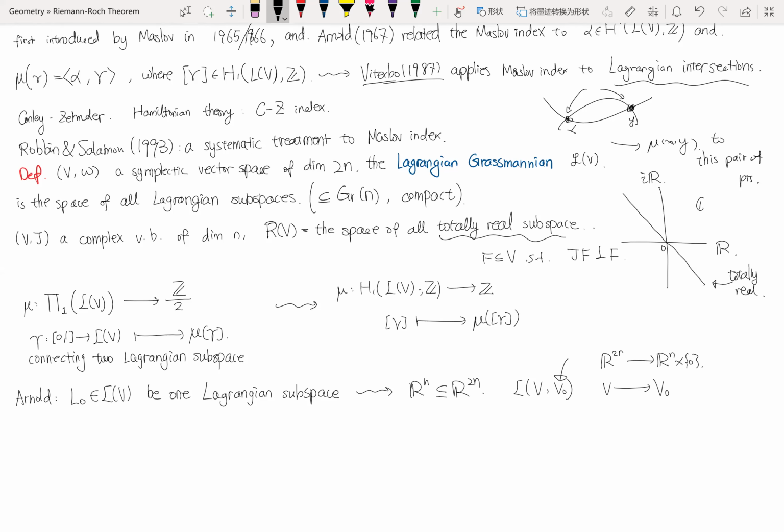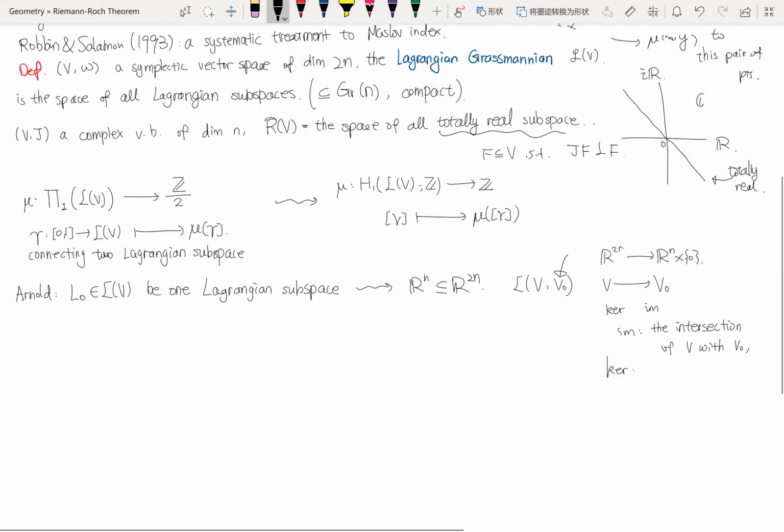the kernel and the image. The image is just the intersection of V with V0, and the kernel is the orthogonal part.